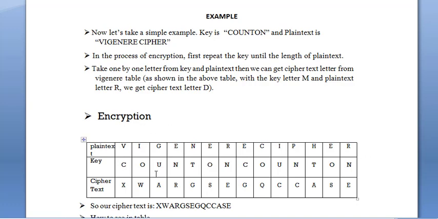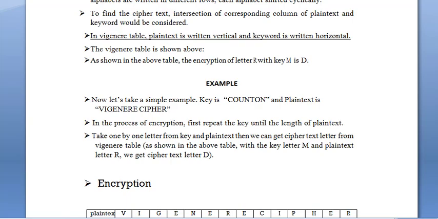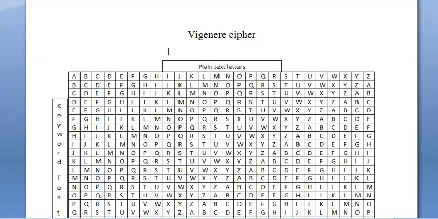Now after doing this, you need to find out the ciphertext. So where does this X W A come from? We have to find this in the table. First see where your plain text and your key are in the table. So we will take V and C. We need to find where V and C are and where they intersect. V is our plain text, it is over here.